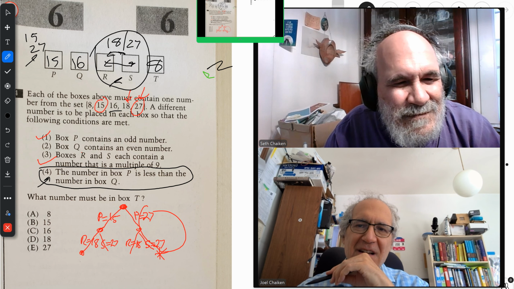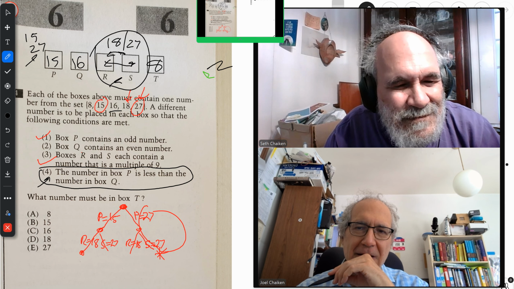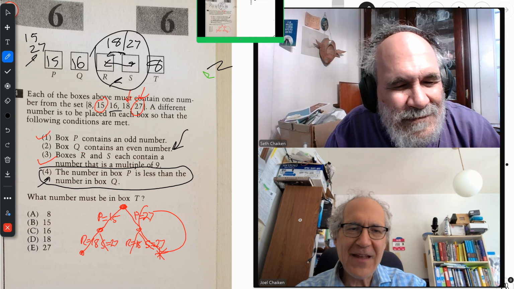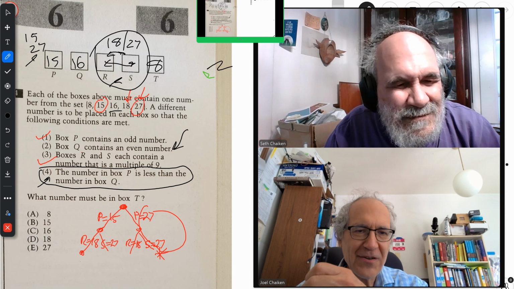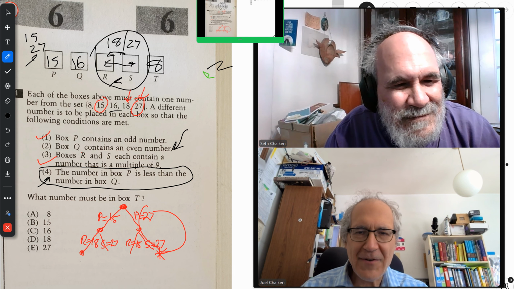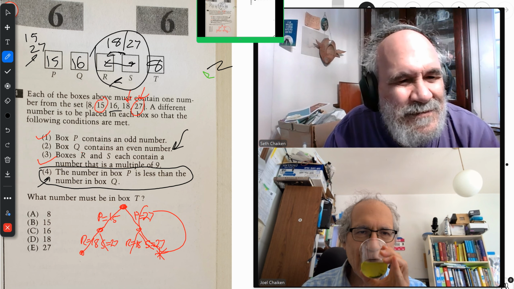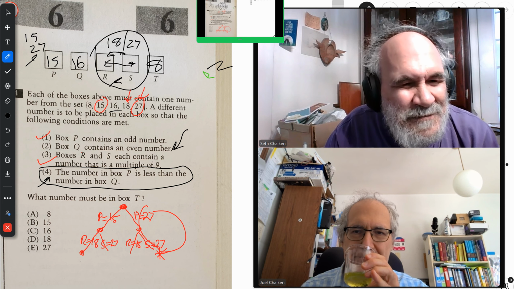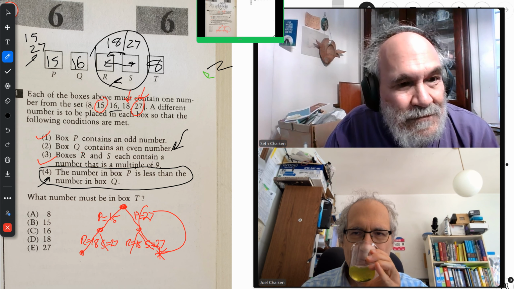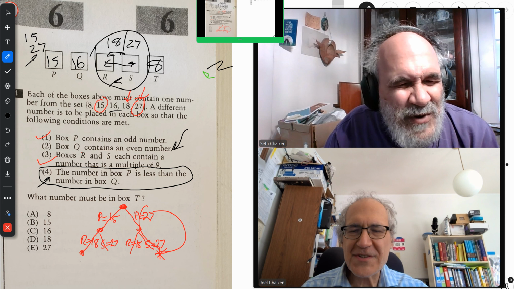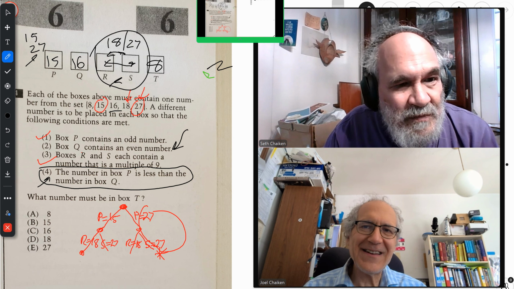We didn't even need to know that. What do they call that in math, when something is over-constrained, or they tell you too many conditions? We never used that Q contains an even number. Well, Q is determined by the fact that the number in P.